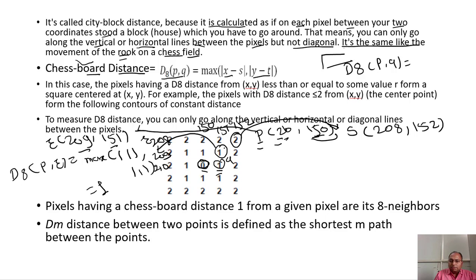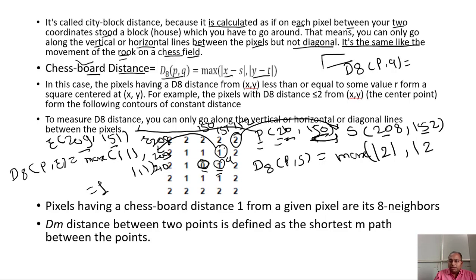Okay, now let us find out the distance between these two pixels. So the chessboard distance between P comma S can be calculated as max of the subtraction between the x coordinates. So what is the subtraction? It will definitely result in 2, comma, what is the subtraction between these two?